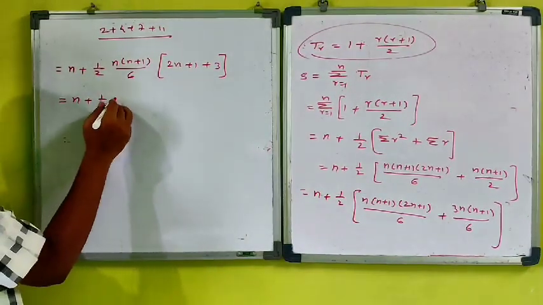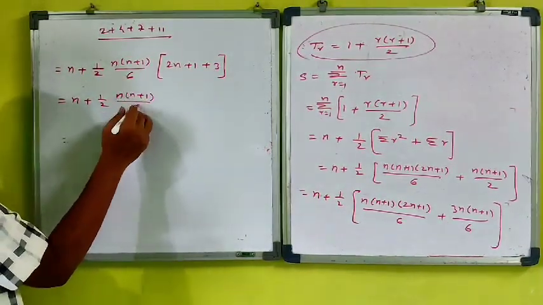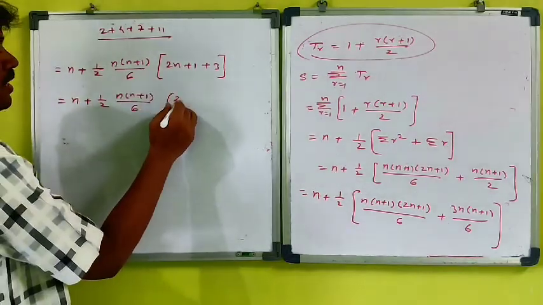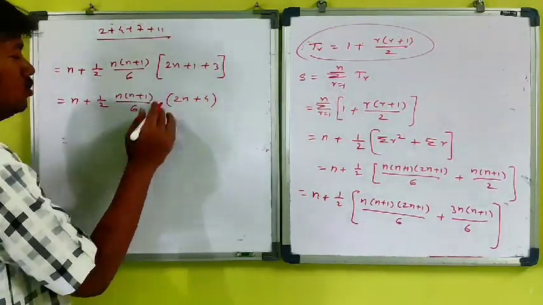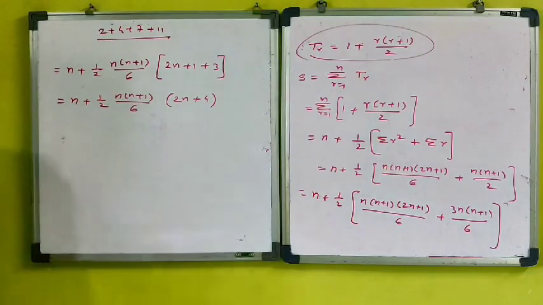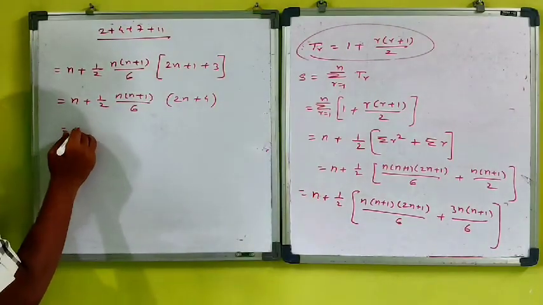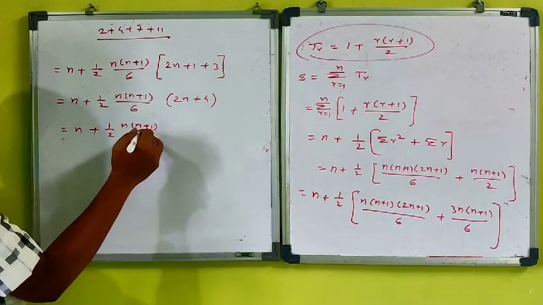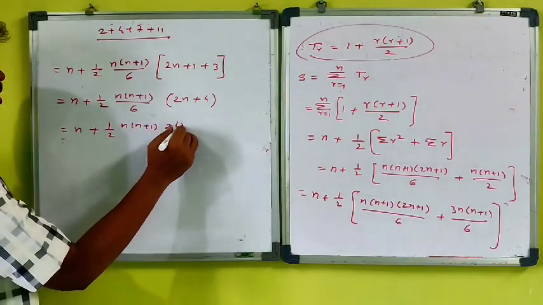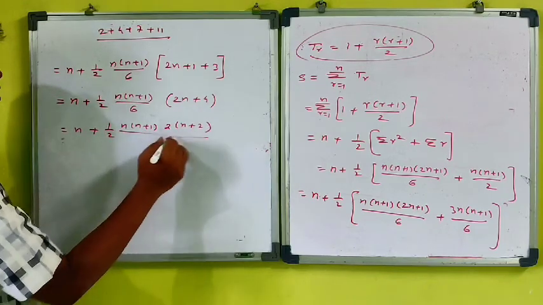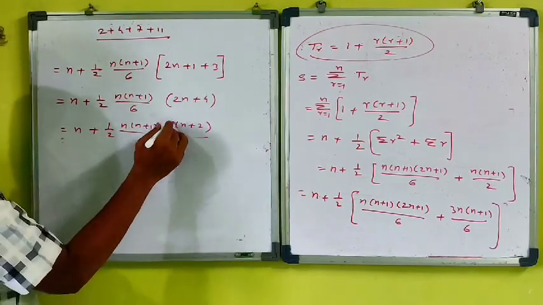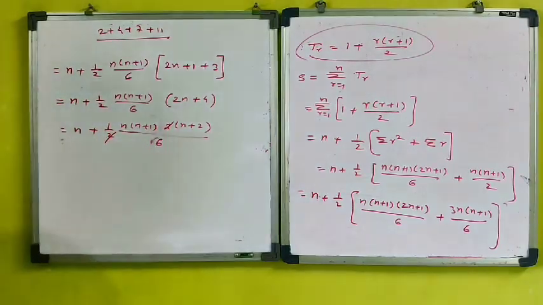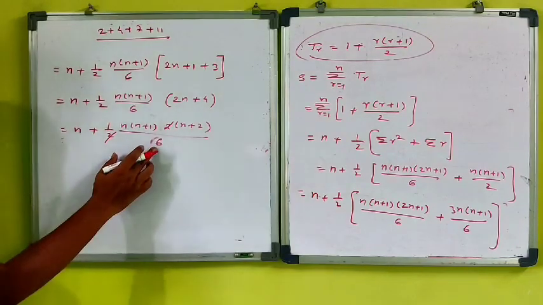So n plus 1 upon 2, n plus 1 upon 6, 2n plus 4. Again 2 is also common and cancels. So it is n plus 1 upon 2 into n plus 1, 2 common, n plus 2 upon 6. So this 2 and this 2 also cancel out. So here again we take 6 as the LCM.